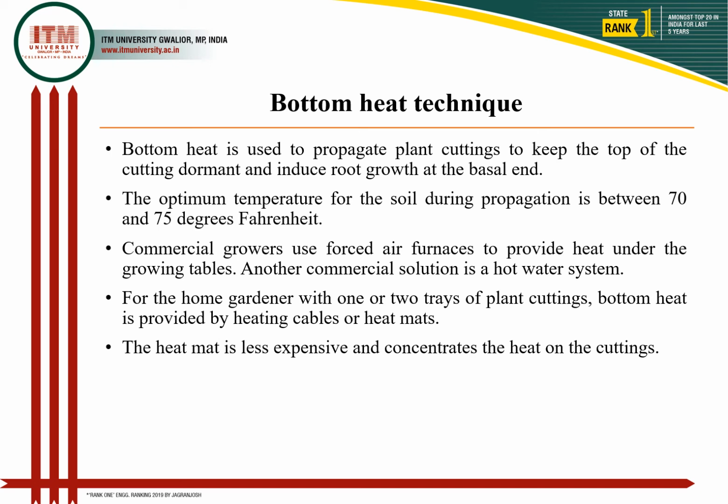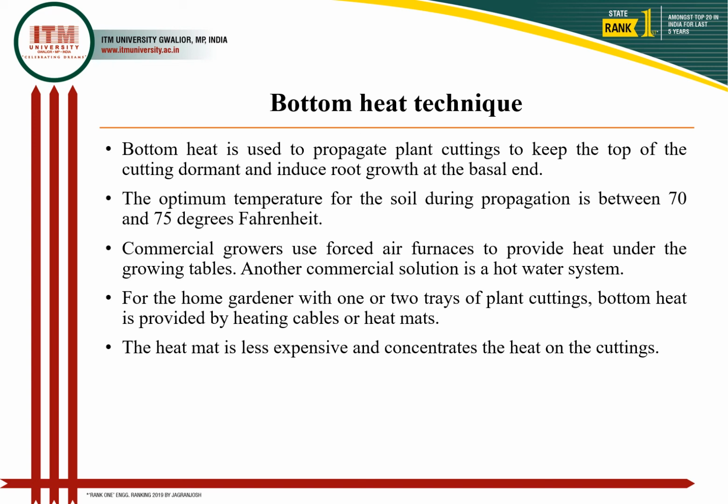The bottom heat technique provides optimum soil temperature during propagation, between 70 to 75 degrees Fahrenheit, so nearly 23 degrees Celsius you can say. This is essential for inducing rooting in cuttings, and also better for seed germination. So if you want to develop seedlings from seeds also, this is a very good approach.